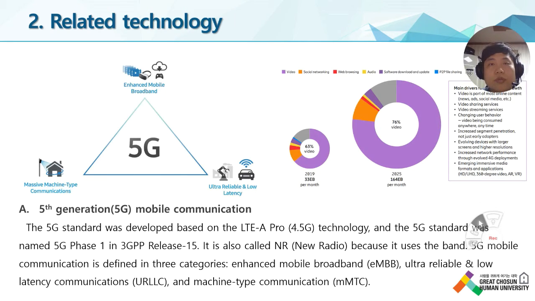Fifth generation mobile communication was developed based on LTE technology and is also known as new radio because it utilizes new frequencies such as the 3.5 GHz band and 28 GHz band. 5G mobile communications defines eMBB, URLLC, and mMTC.